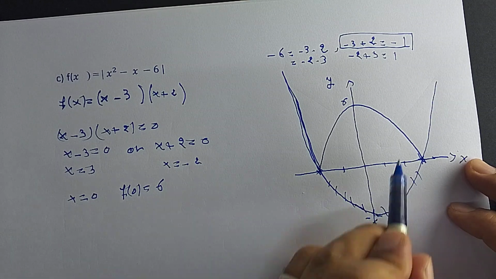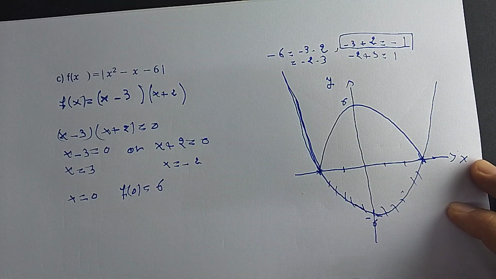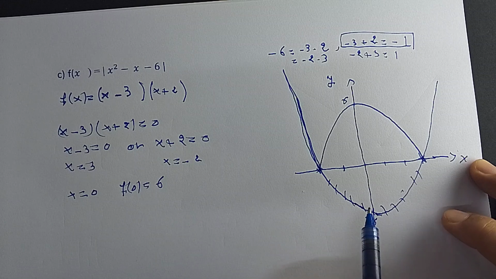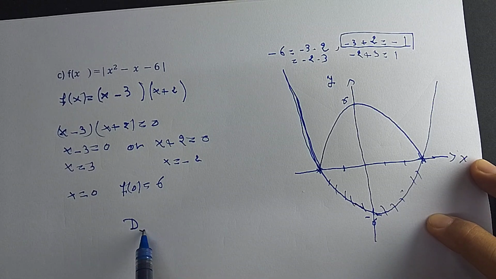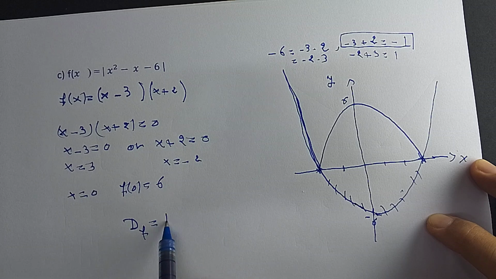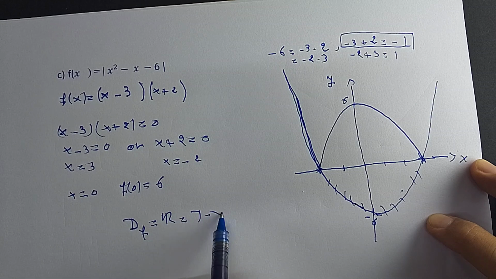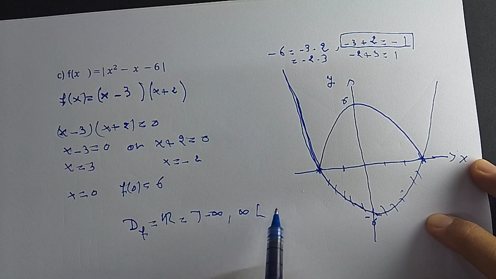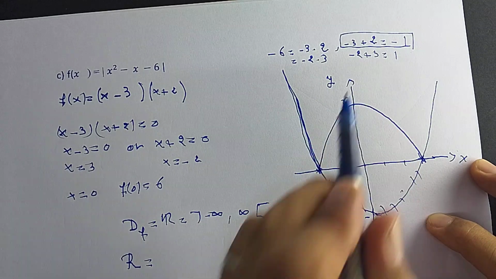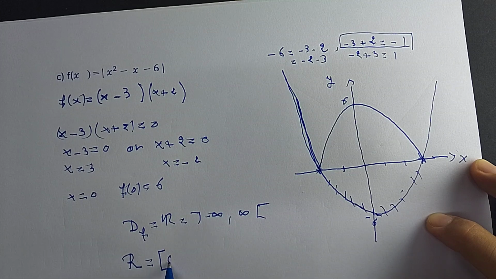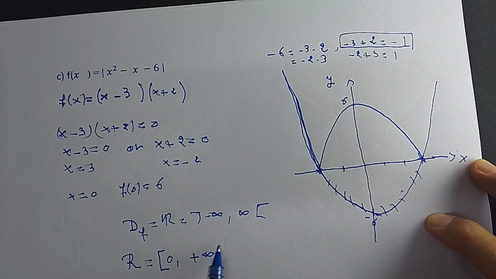So in this step, the domain of f, D_f, equals R, minus infinity to infinity. And the range of f equals from 0 to infinity.